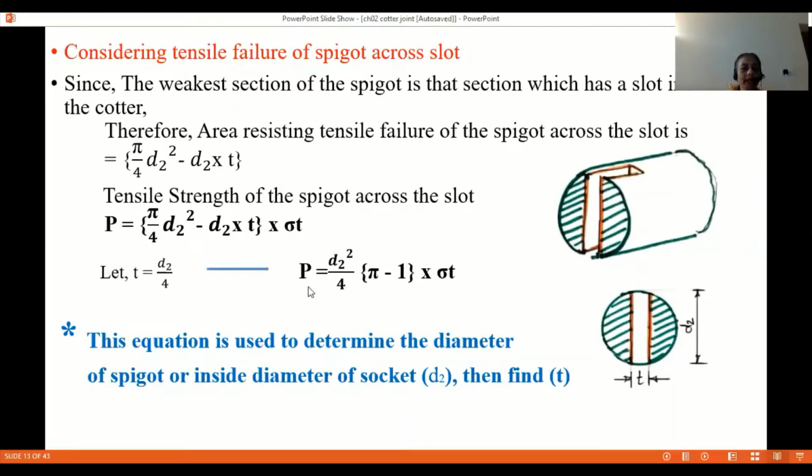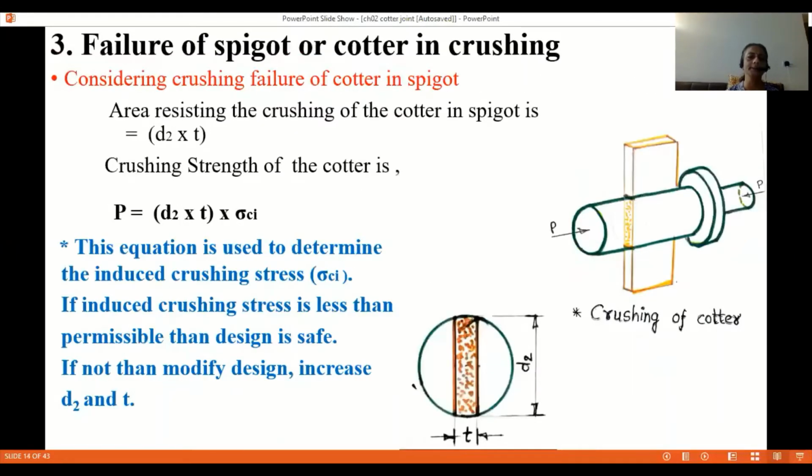Now we have P, we have sigma t, and pi minus 1 and 4 are constant terms. So from this equation, first we will get the value of d2. Once we get the value of d2, t is d2 by 4, so we will also be able to find the thickness of the cotter. So from the second step, we will find d2 and then we will find t.